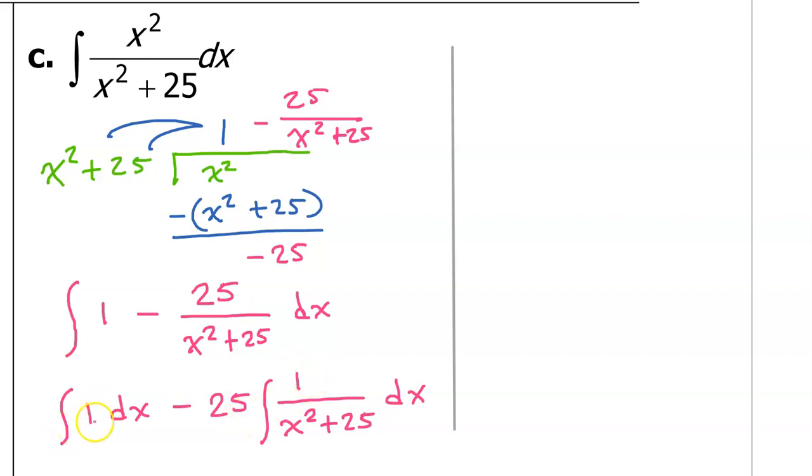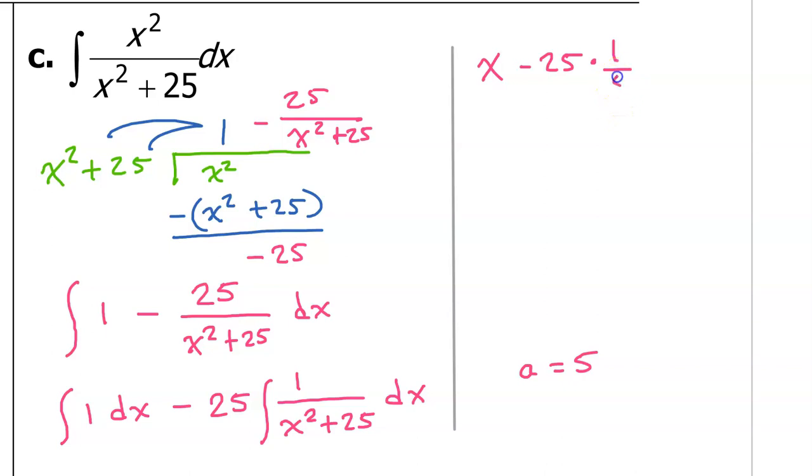So the integral of 1 dx is just x. And there's my minus 25. I'm just going to bring that down. The rest of this integral is a perfect match for the arctangent rule. Just keep in mind that the a value is going to be 5 because it is the square root of 25. So the arctangent rule has a 1 over a in the front of it.